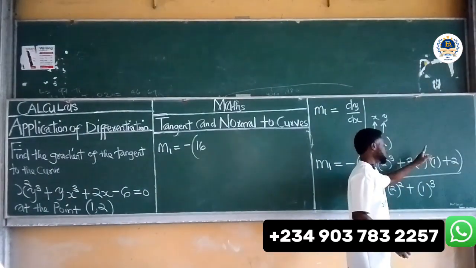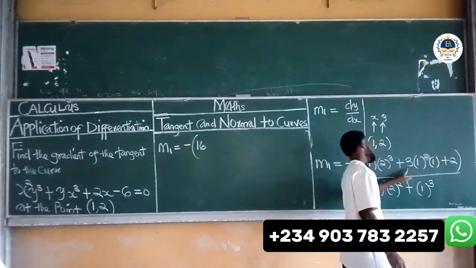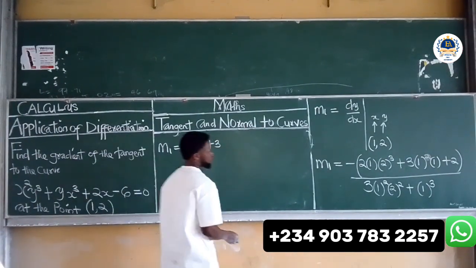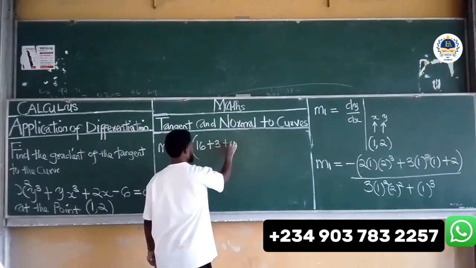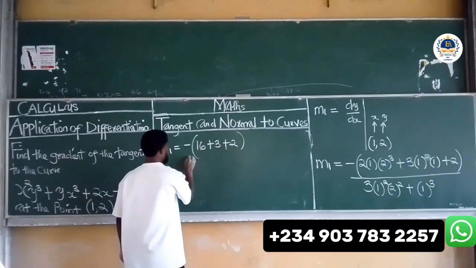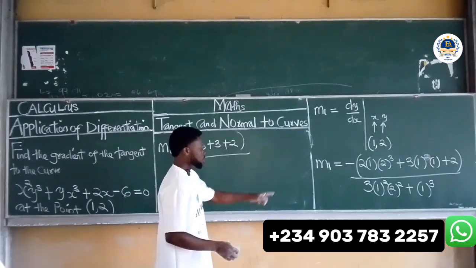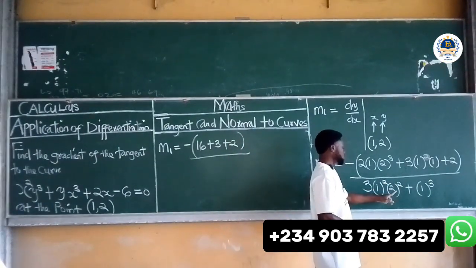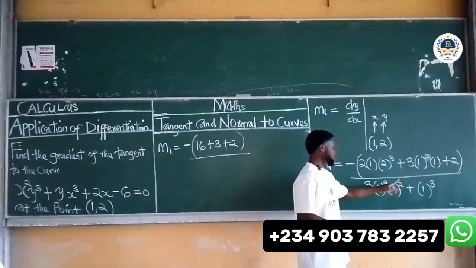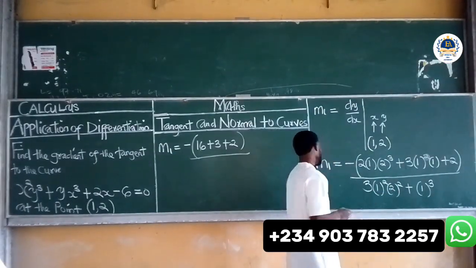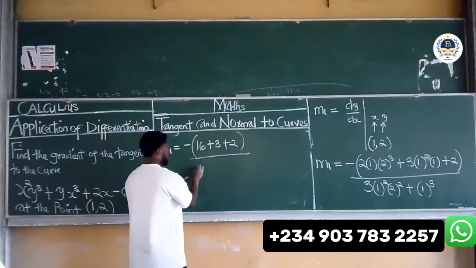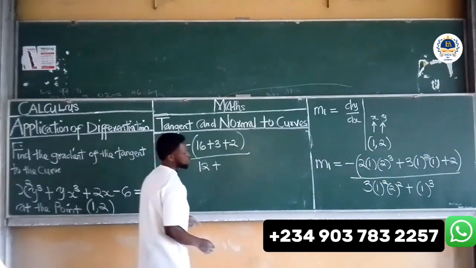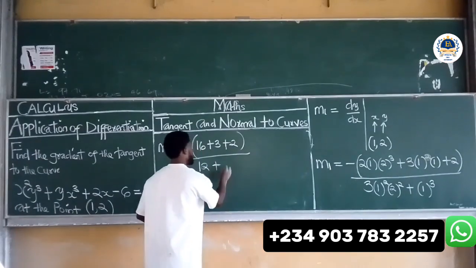1 raised to the power of 2 is 1. 1 times 1 is 1, and 1 times 3 is 3. Plus 3 plus 2 bracket close, all divided by 1 raised to the power of 2, which is 1. 2 raised to the power of 2 is 4, and 4 times 1 is 4. 4 times 3 is 12. 12 plus 1 raised to the power of 3 gives 1.